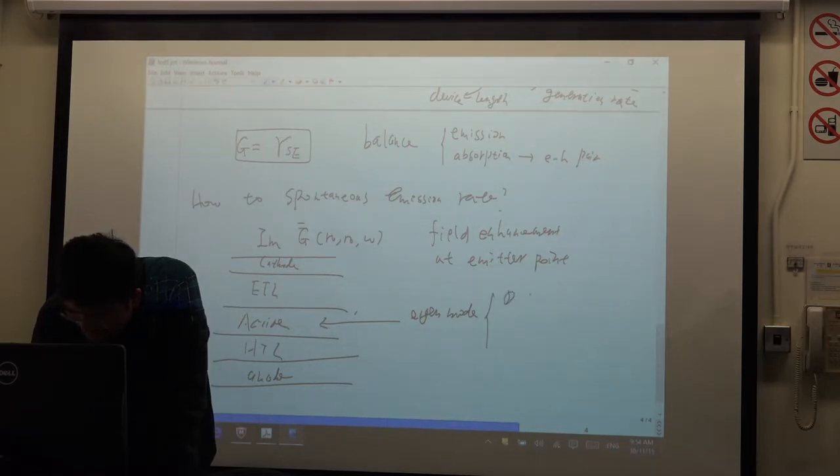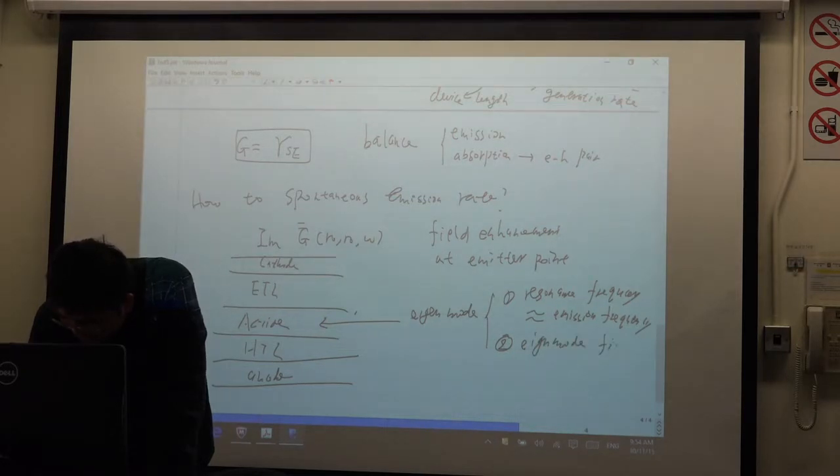One, it has a resonance frequency around the emission frequency of the LED. Second, this eigenmode is confined or has a field enhancement, and actively.